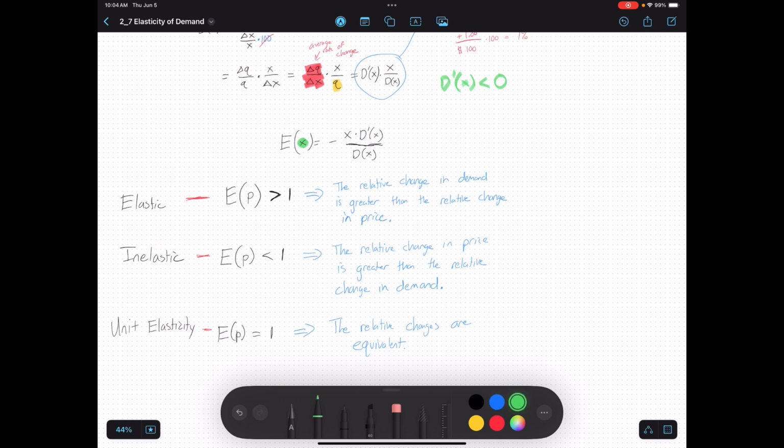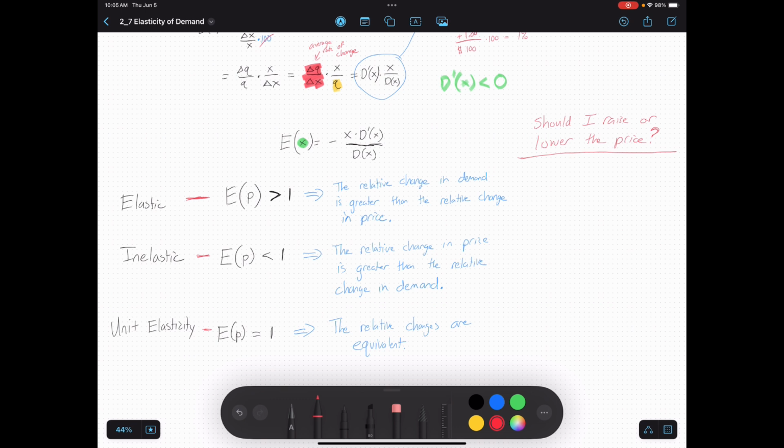So the real question just becomes, based off this result, should I raise or lower the price? That's really what the question boils down to, because we're trying out a specific price and then we're getting our elasticity result. Well, in this first scenario, we learned that since my elasticity was greater than 1, the relative change in demand is greater than the relative change in price.